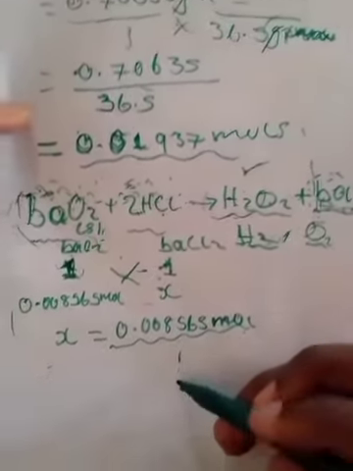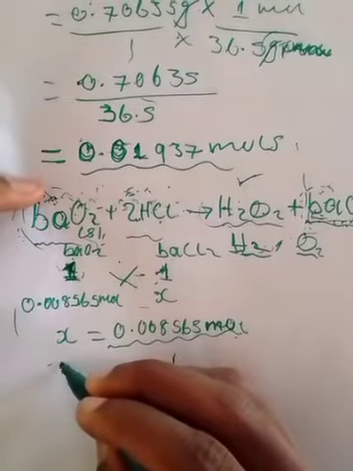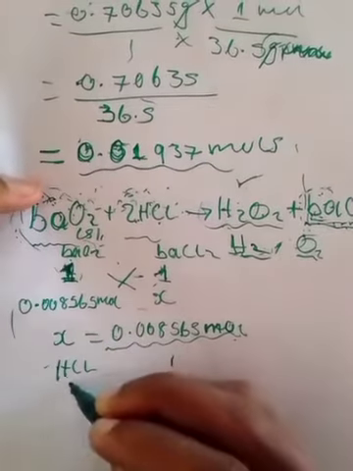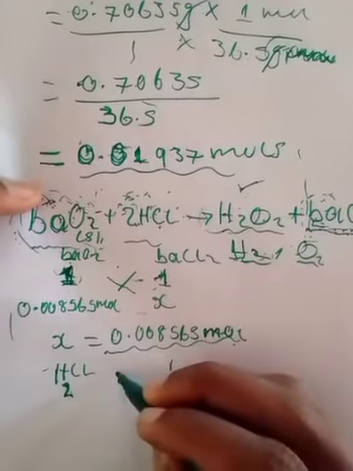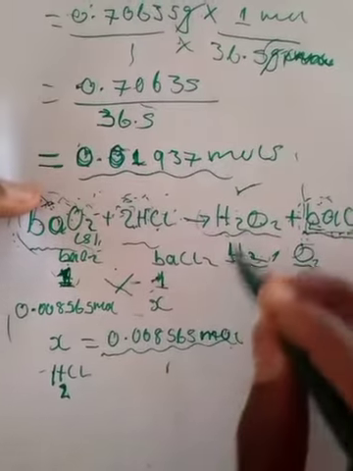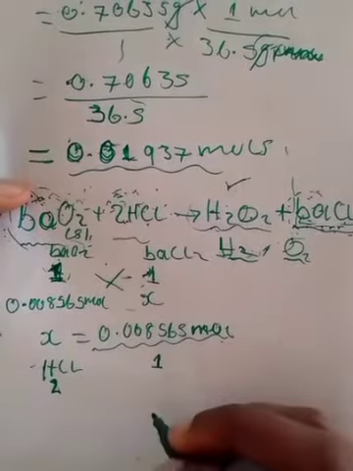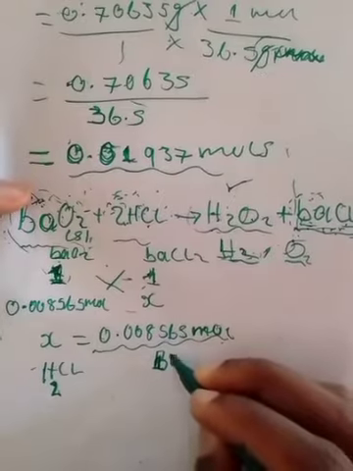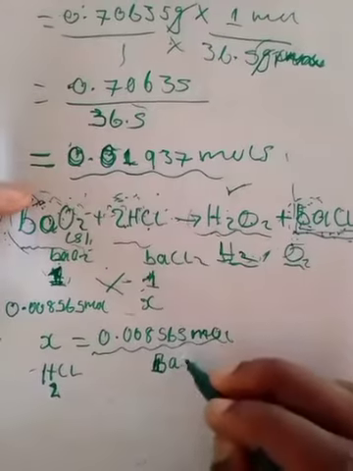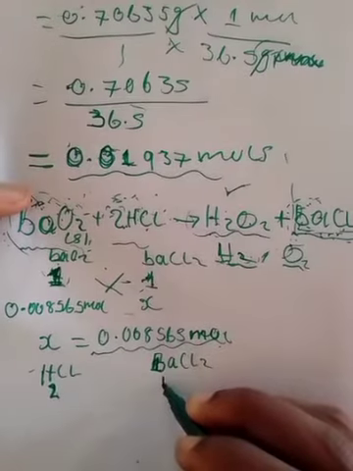Okay, so now you do the same even here. So you write for HCl, in front of HCl there is 2, right? The coefficient of 2. How about in front of barium chloride? There is just 1, right? Let me first write it itself. So I write barium chloride, and then I'll say the coefficient is just 1.